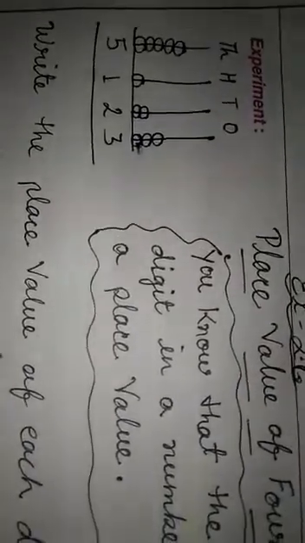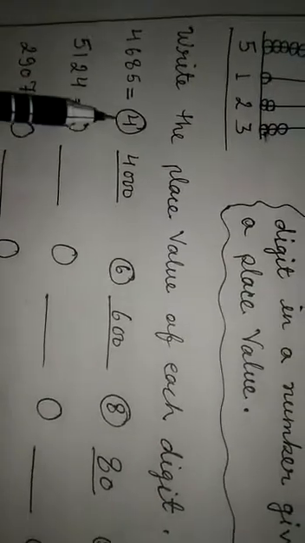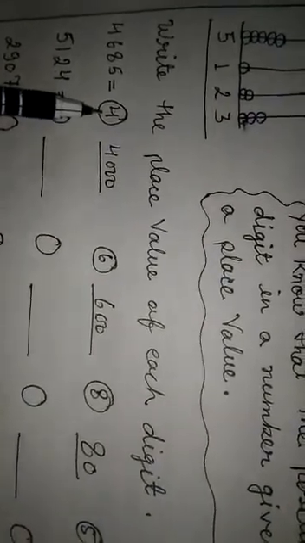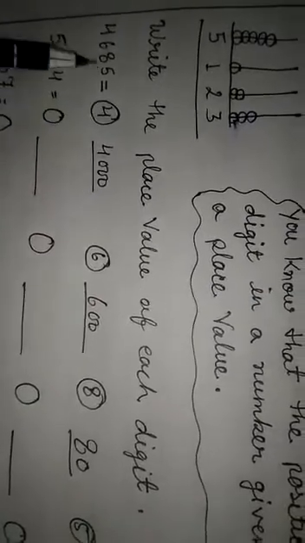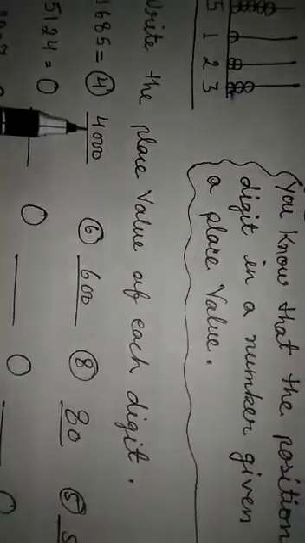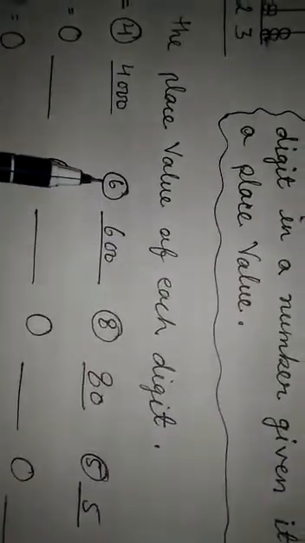Now write the place value of each digit. Here the number given is 4685. The first digit is 4. What is the place value of 4? Ones, tens, hundreds and thousands. So write here 4000. Next, 6.